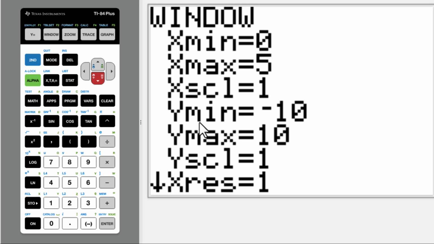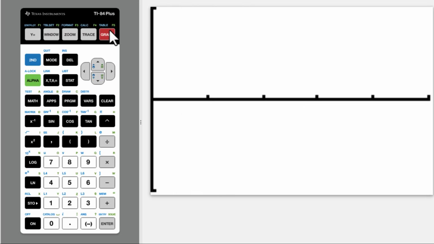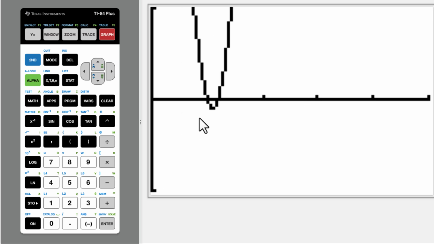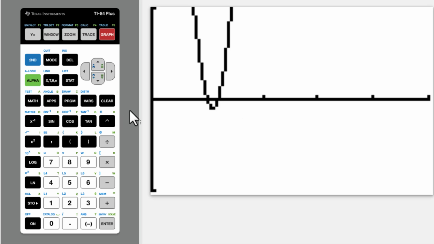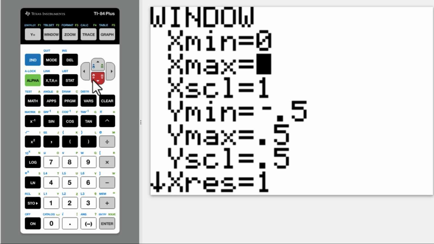Normally, for y minimum, we will change into negative 0.5. y maximum change into 0.5. Scale, let's change into 0.5. Graph. If you want to make it more clear, we can change this x. x minimum is 0. x maximum, let's change into 3.